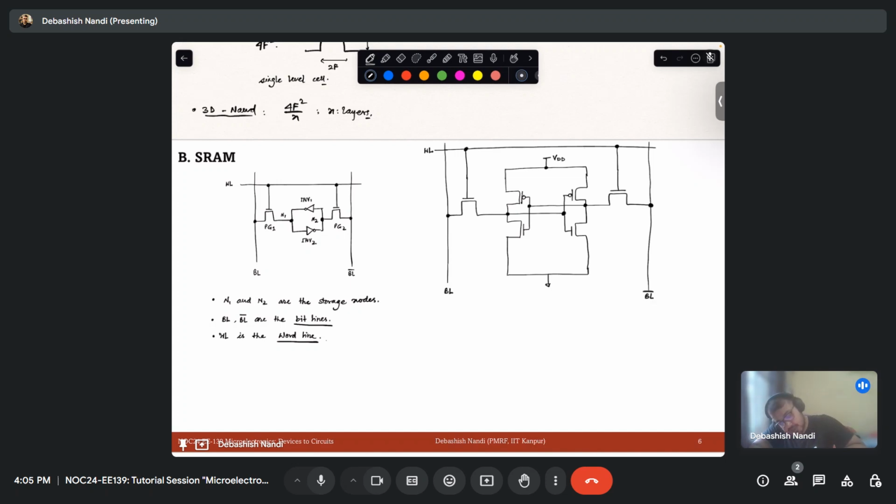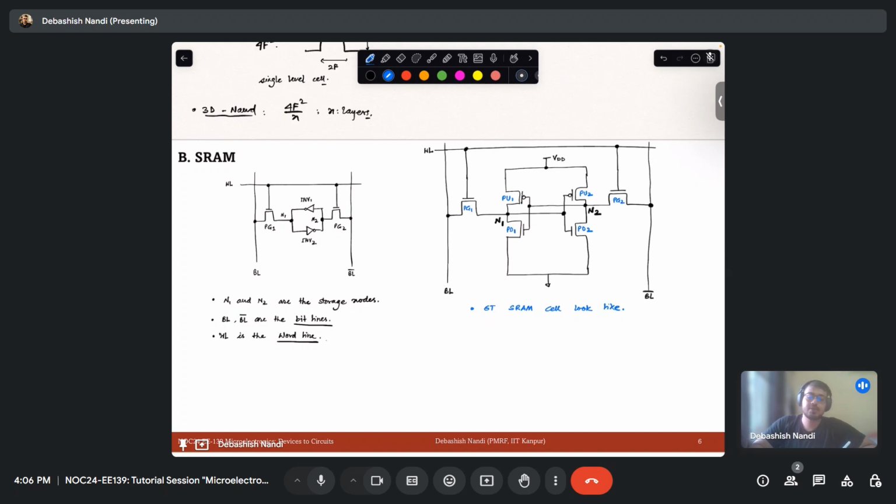Let's call this node N1 and this node N2. Name of this transistor is pass gate 1, this one pass gate 2. Let's call them pull up 1, pull up 2, pull down 1, pull down 2. Fine. So that is how your 6T SRAM cell looks like.